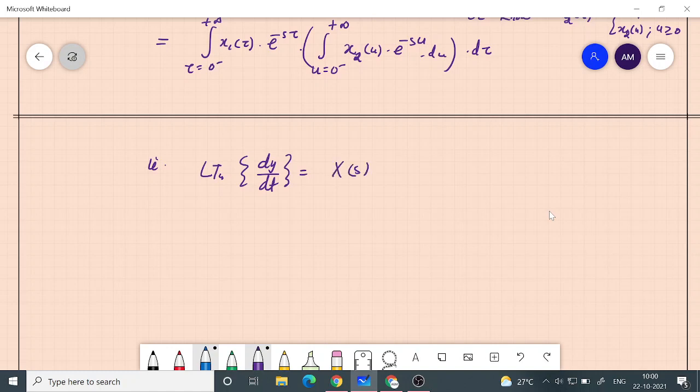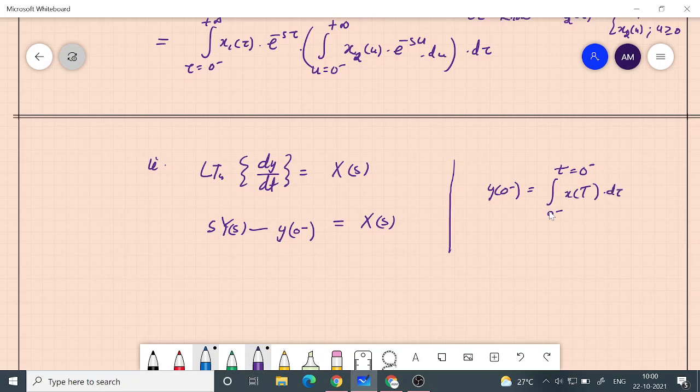Now what is the Laplace transform of this? This is basically s Y of s minus y of 0 minus, right? That is the formula, and that is equal to X of s. Now what is y of 0 minus? According to the definition, we have the integral from 0 minus to t, so t equal to 0 minus, of x of tau d tau.